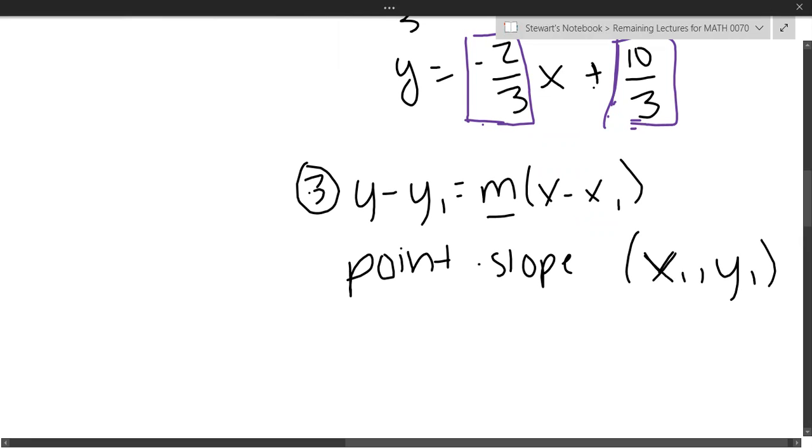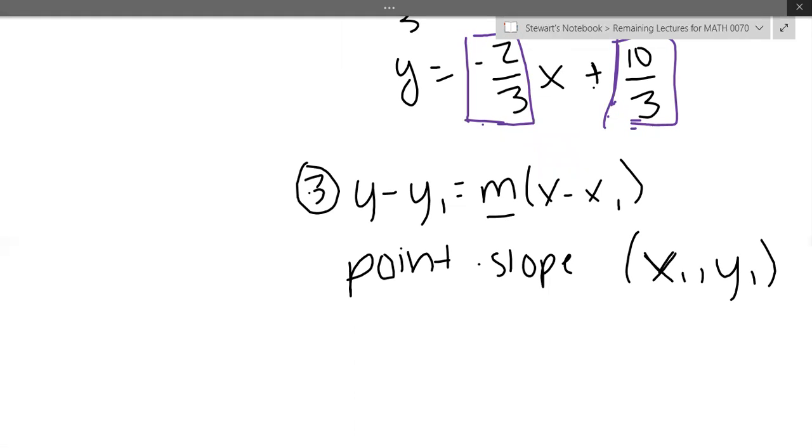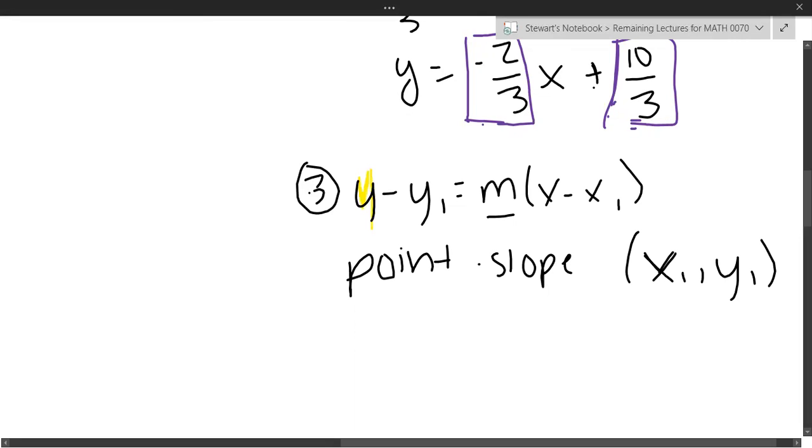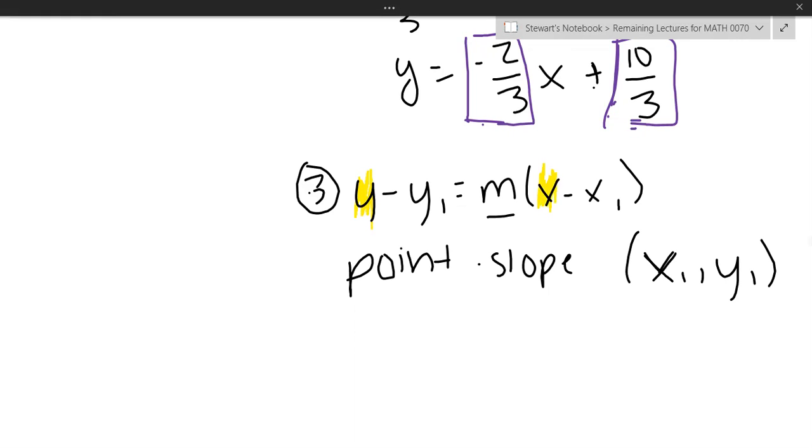The other y and x are just variables. So this y, this x, they're variables, they stay variables, but you plug in y1 and x1 here, respectively.